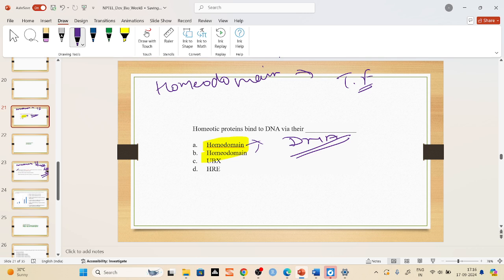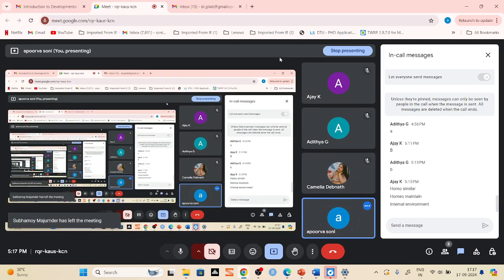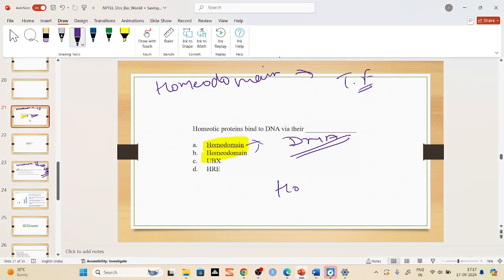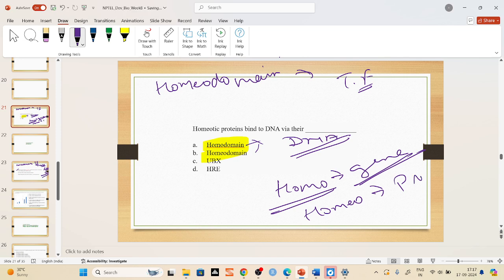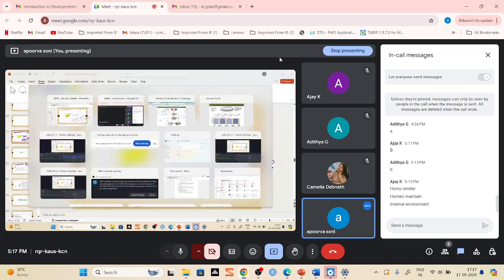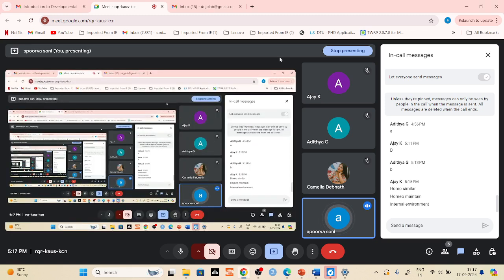So the homeodomain term we use on a protein level, a region of a protein, whereas homodomain is a region of a gene. I'm just writing. When it is homo, it specifies a region of a gene. When it is homeo, it specifies a region of a protein. This is the most basic way in which I can explain it to you.